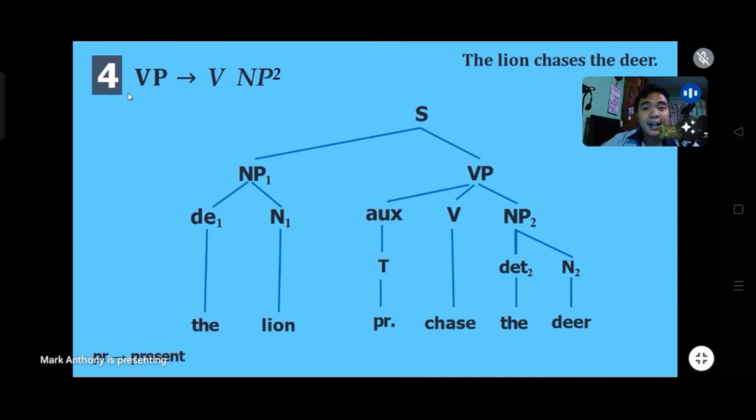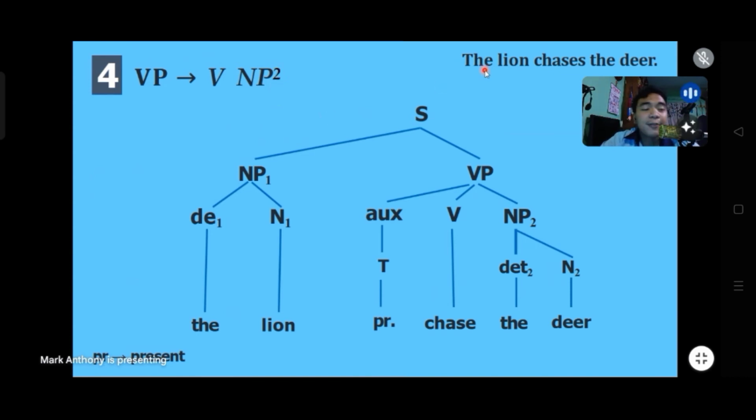So here we have the fourth basic structure rule that we're going to learn for today, and that is the verb phrase, which consists of a verb and a noun phrase, specifically two noun phrases.